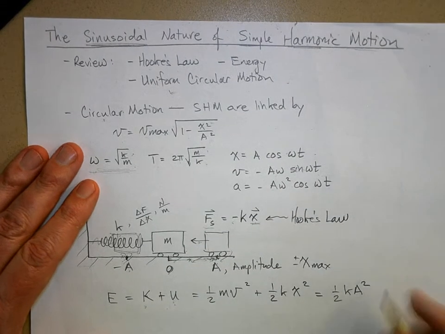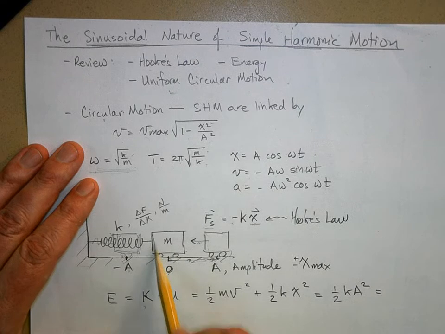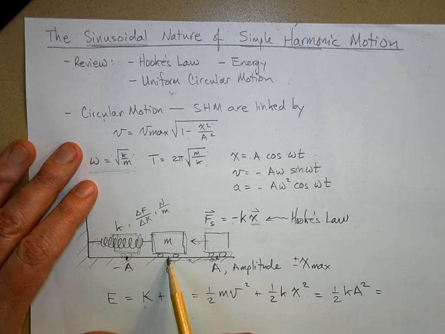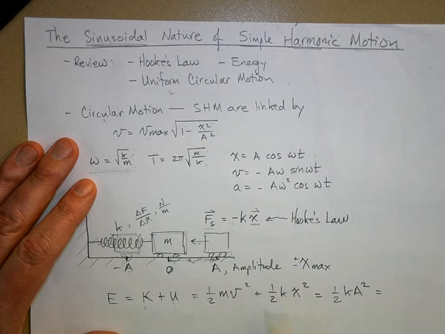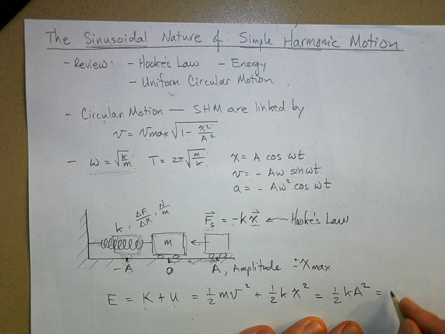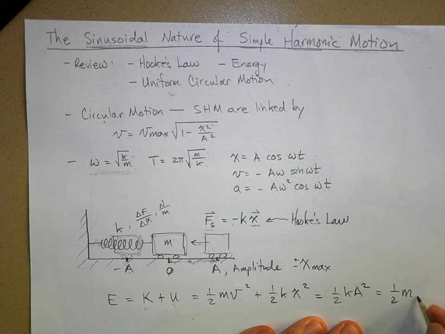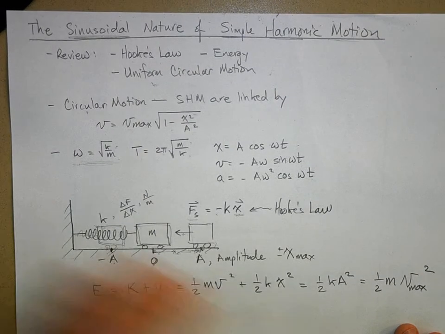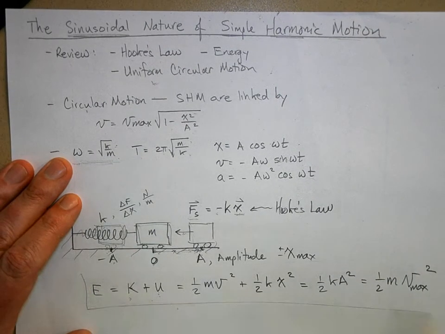Okay, but what if it's in the very middle? Well, if it's at the equilibrium position at x equals 0, it has no elastic potential energy, but it's moving at the maximum velocity, and so all the energy is kinetic energy. That's going to be 1/2 the mass times the maximum possible velocity squared. Okay, so we're going to use all of this.